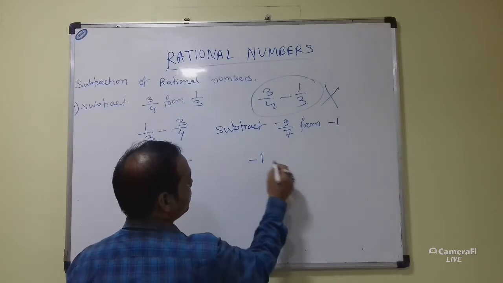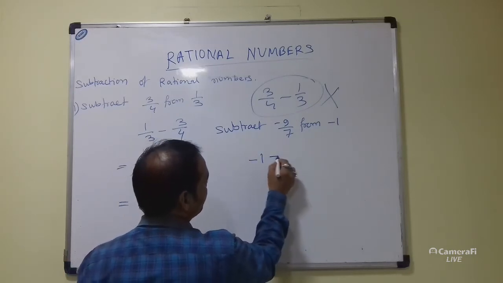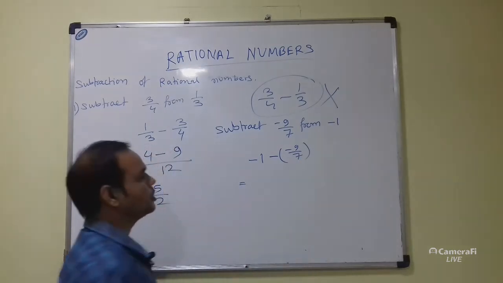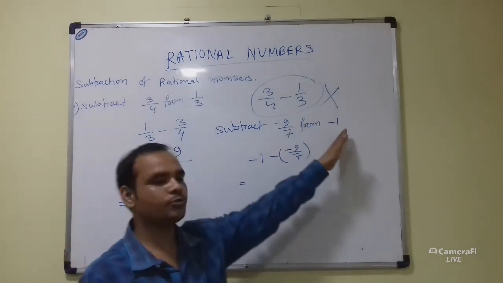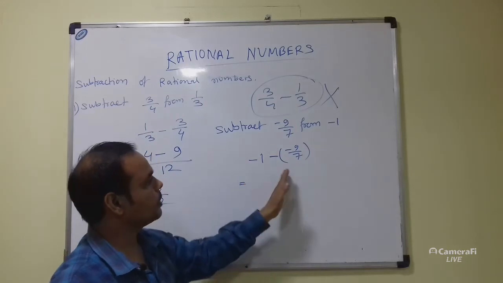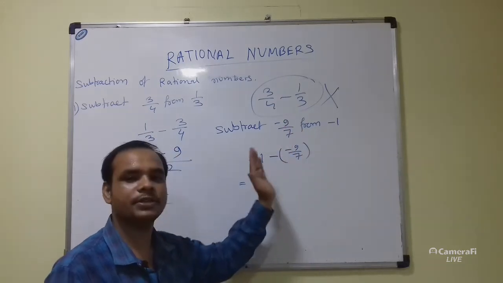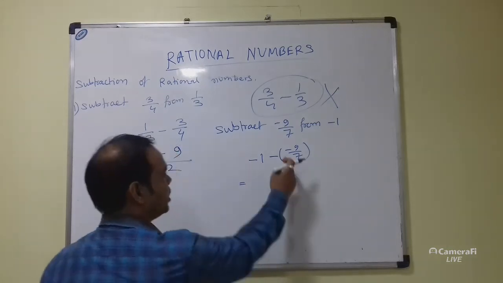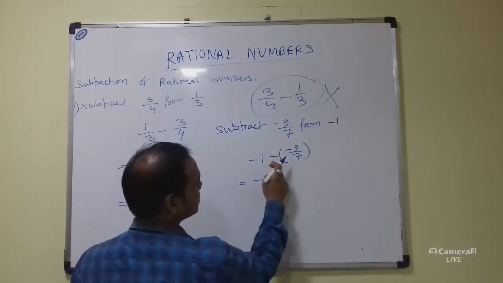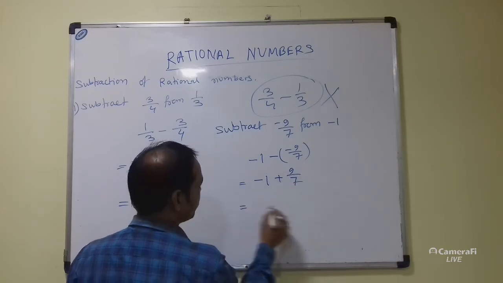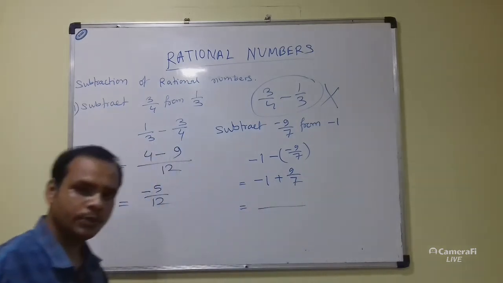So minus 1, then minus of minus 9 by 7, because we have to subtract minus 9 by 7 from minus 1. Now remove this bracket, so it will be minus and minus minus plus 9 by 7. Now use the similar method.